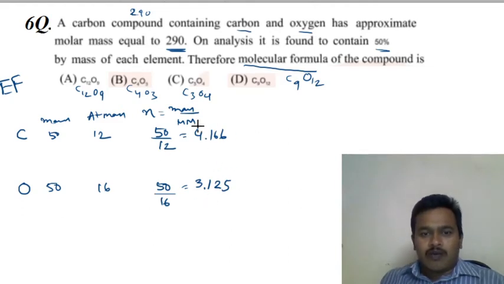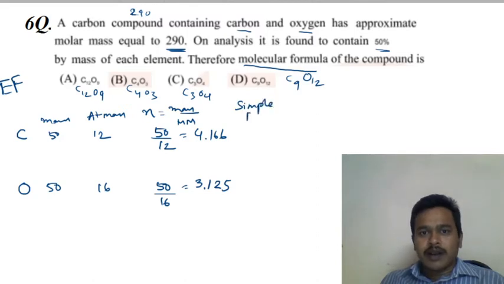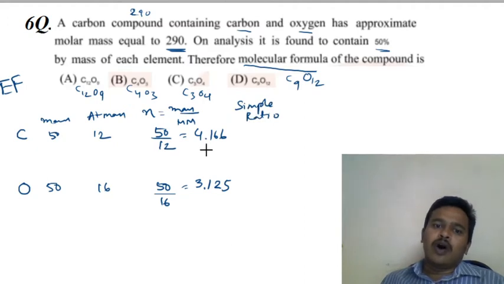After that, I know the moles, and I need a simple ratio. For a simple ratio, what will I do? Out of these, we divide by the smallest one. Here 3.125 is the smallest one.